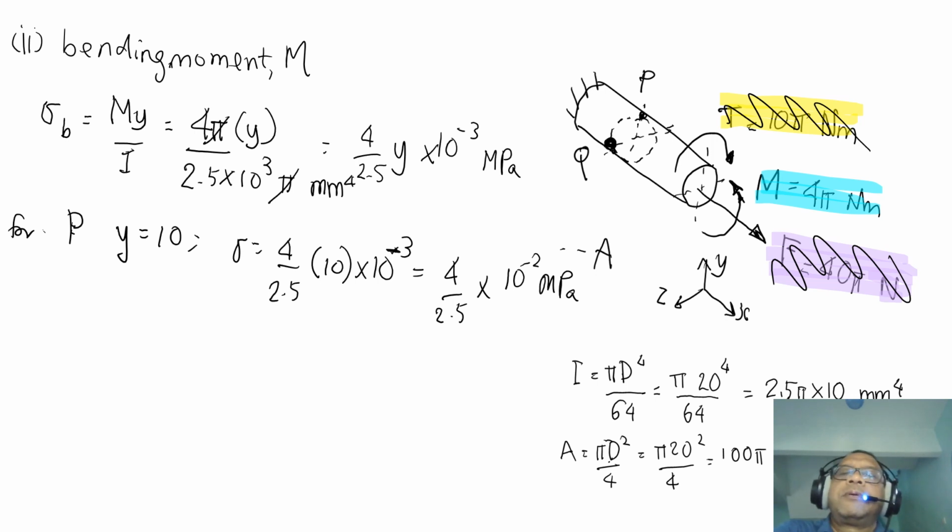Okay, and sorry, M is 4 pi Newton meter, so I have to use Newton millimeter, so I need to type this as times 10 to the power of 3. Okay, that, let me redo that again.